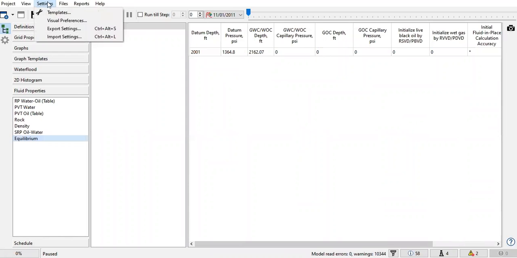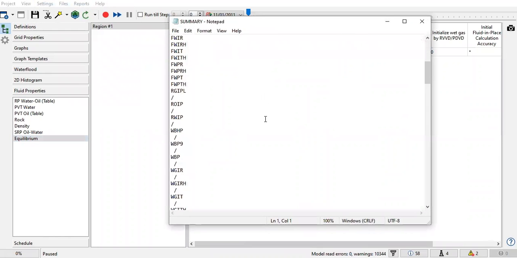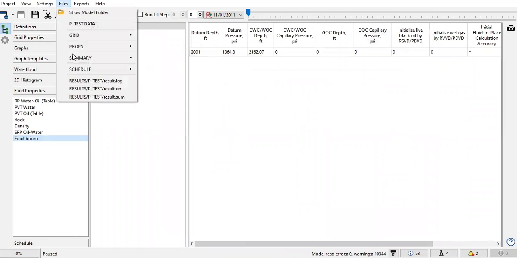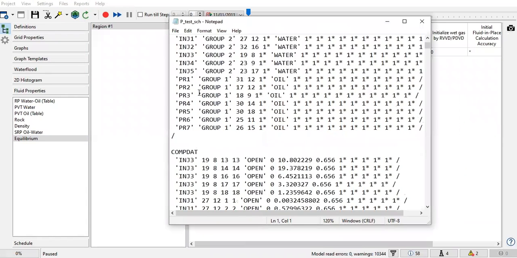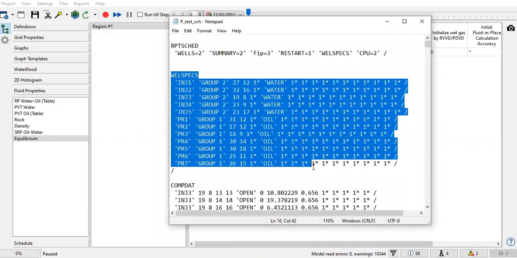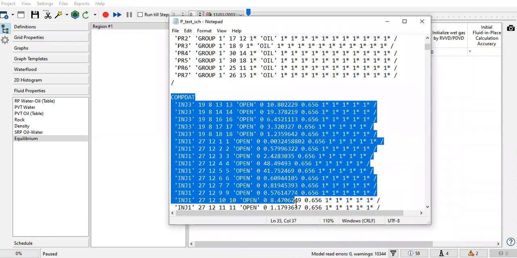And then we go to summary. As usual, inside summary, we find here. And then schedule. Schedule is also very important. I will not explain again about well specs, the location of the well, and then the completion.